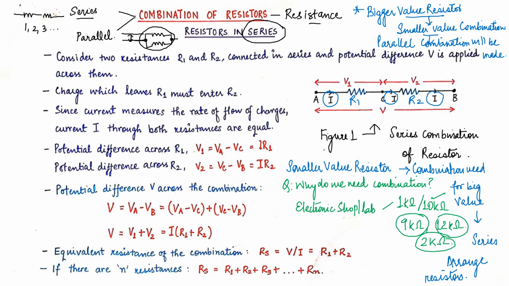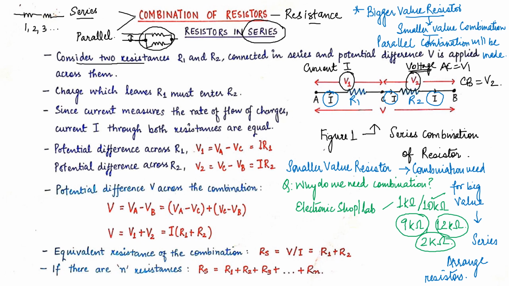Here we'll see that from A to C and C to B, current flowing is same. Current flowing is I, but the applied voltage from A to C is V1, whereas C to B is V2. There is change in voltage V1 and V2.